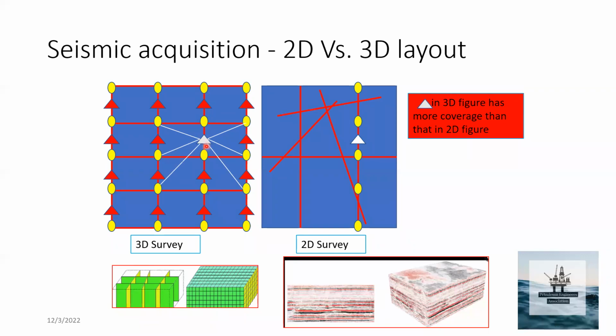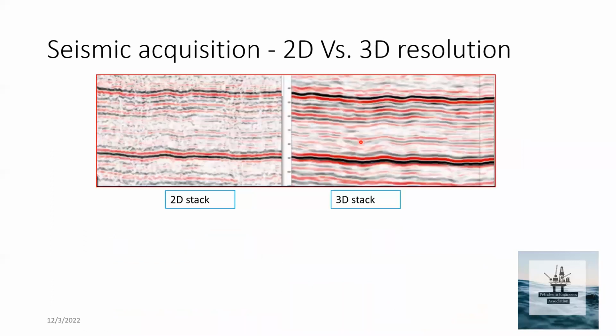We are expecting to record this point more than one time, about 1, 2, 3, 4, 5 or about 6 times, while the same point at the same location for the 2D will be covered only 1 or 2 times. So the coverage, or the fold, of recording the same point for the 3D survey is much better than the 2D survey, and that results in better resolution.